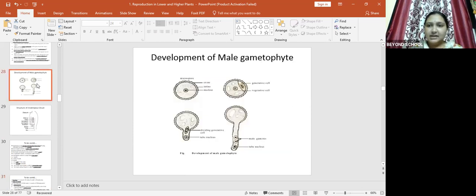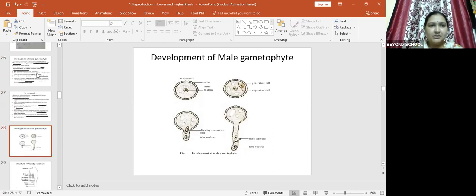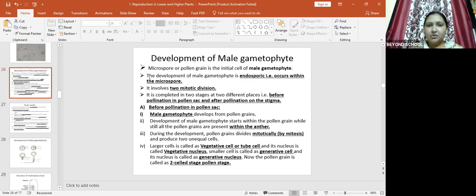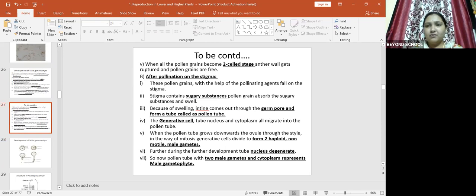See, you have to draw the diagram of the male gametophyte first. After drawing this diagram, you begin with your answer and write all those things. You have to write till after pollination of the stigma, meaning you complete till the 2 male gametes and cytoplasm represented in the male gametophyte.